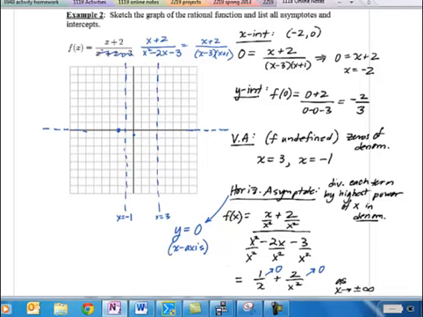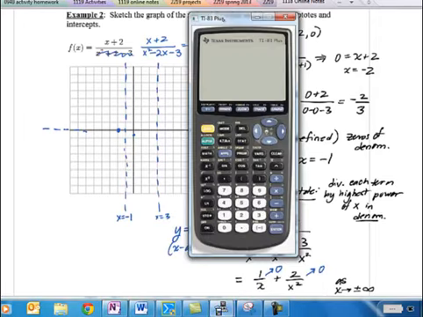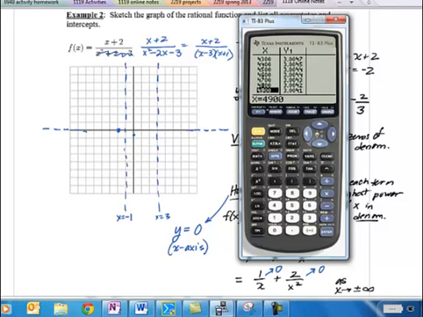And for now, let's take a look at a table on our calculator. Let's enter this function. We'll enter x plus 2 divided by, and if you use the expanded form, you need only one set of parentheses, but if you use the factored form, you'd want to have a double set of parentheses because you need both of those factors in parentheses in the denominator.